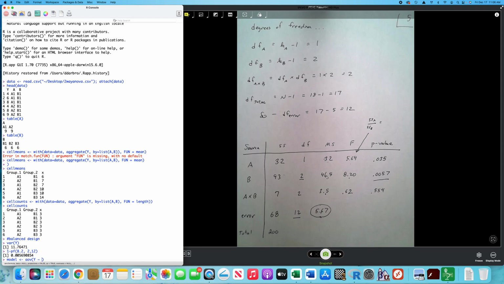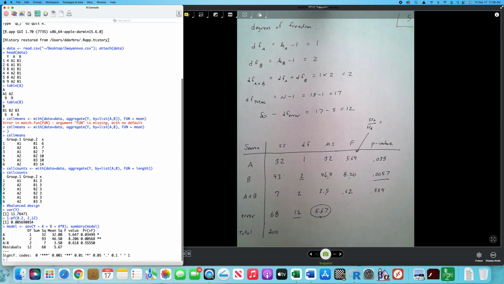I would have Y as A plus B plus A cross B. So the A interact B. So I'm just going to go summary of my model. And hopefully, I always hold my breath at this point, hoping that I didn't make an arithmetic error and have to end up redoing a video, but you can see that the numbers match up.